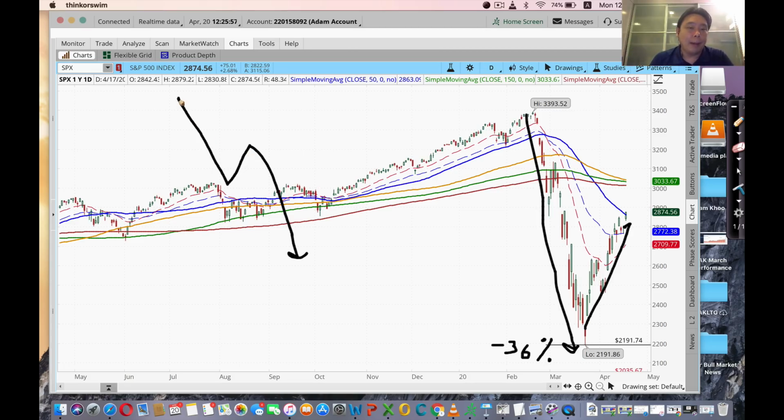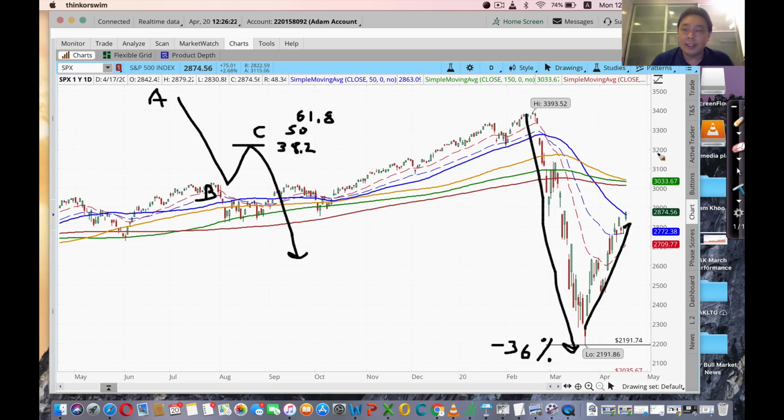Normally after the market drops from A to B, it would rally to C before plunging further. And C would usually be a 38.2% retracement, or a 50% retracement, or a 61.8% retracement. These are the Fibonacci retracement levels.